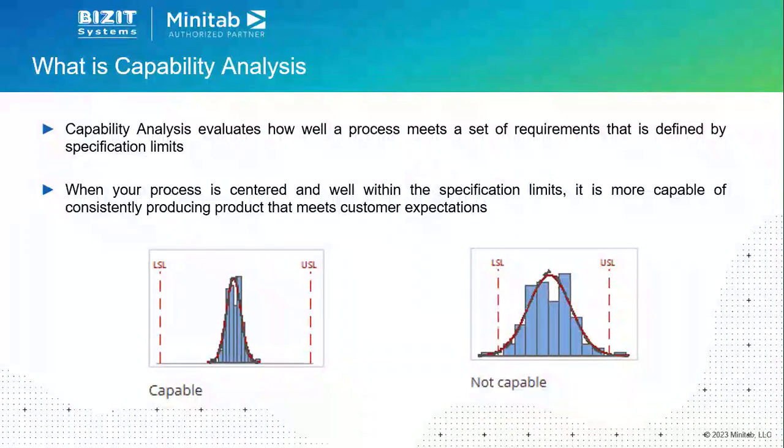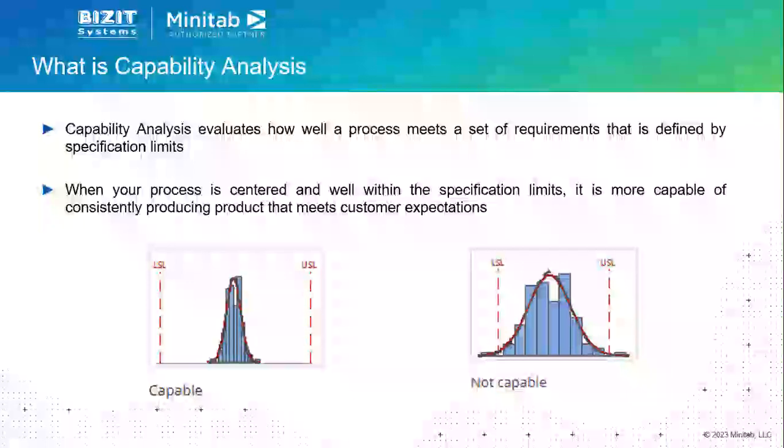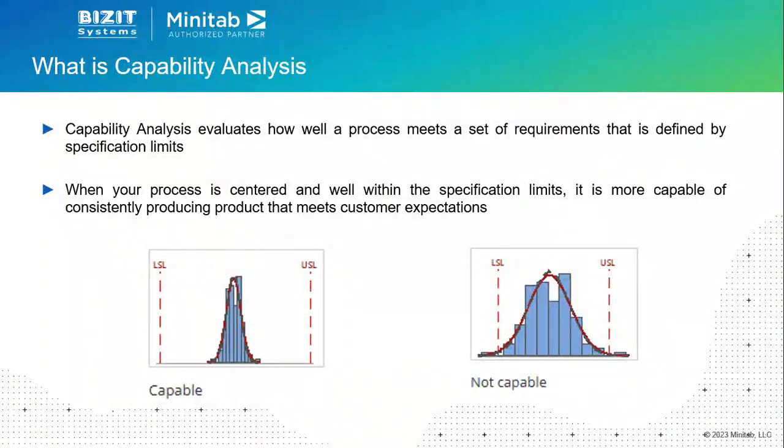So in capability analysis, we actually want to evaluate how well our process meets a set of requirements defined by specification limits. When your process is centered and within the spec limits, it is more capable of consistently producing products that meet customer expectations.